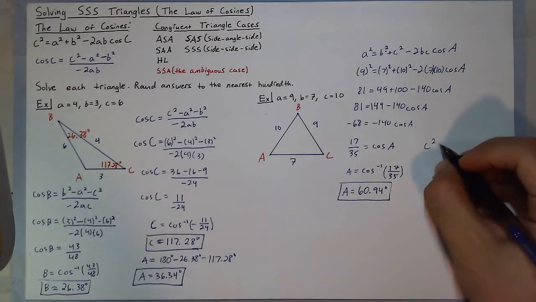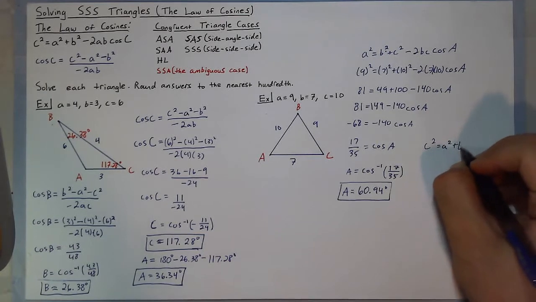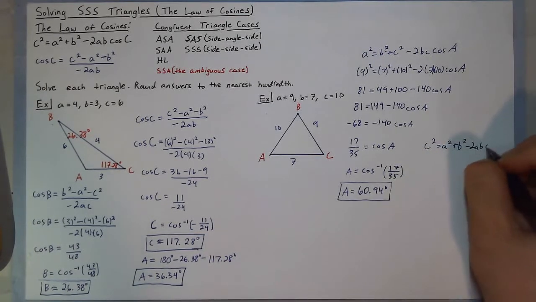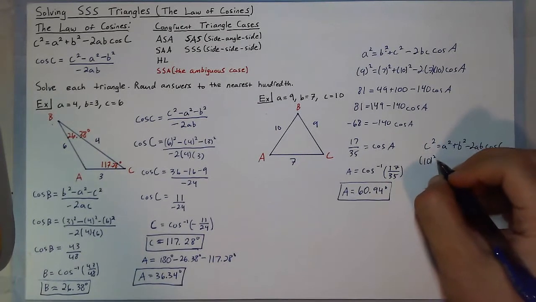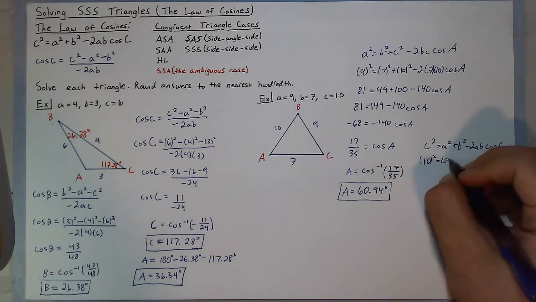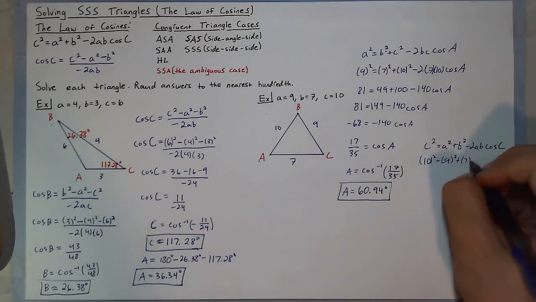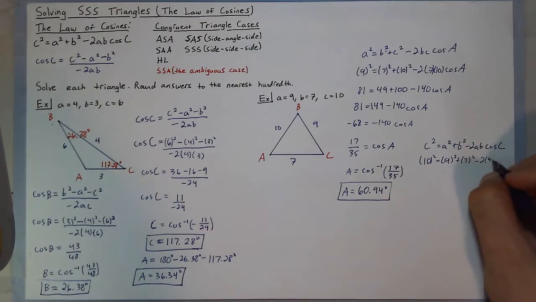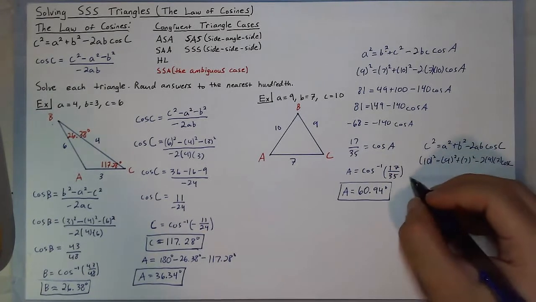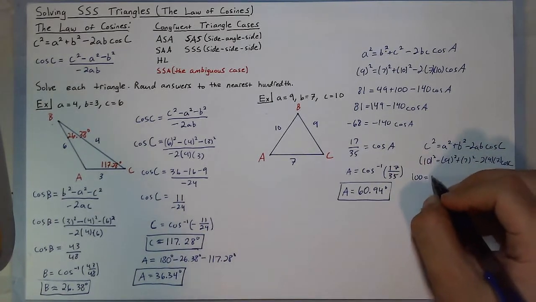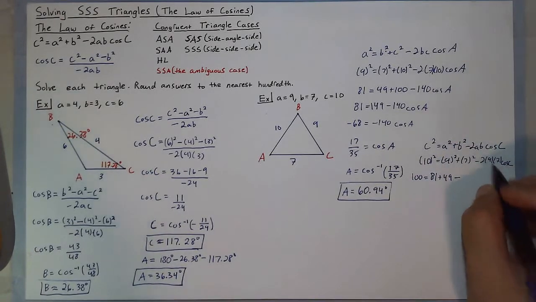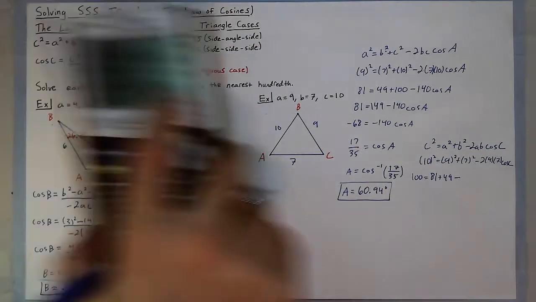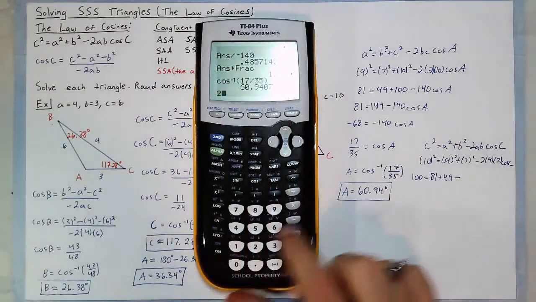So C squared is equal to A squared plus B squared minus 2AB cosine of C. C is 10 squared is equal to 9 squared plus 7 squared minus 2 times 9 times 7 cosine of C. So 100 is equal to 81 plus 49 minus 2 times 9 times 7. That one's a little harder to do in my head, so I'm just going to type it in.